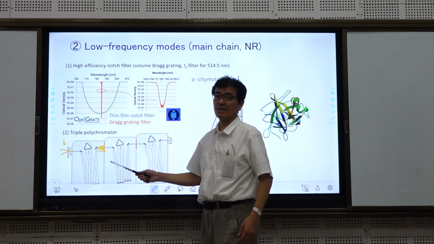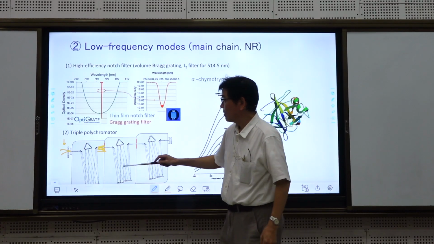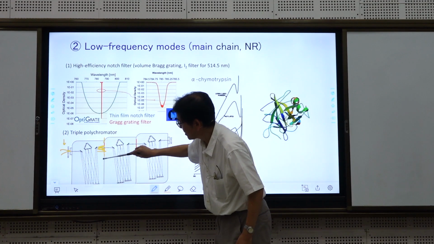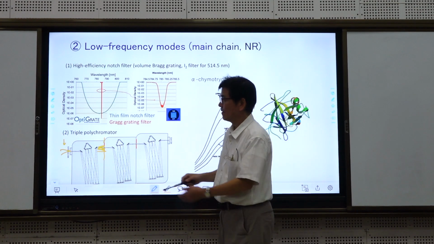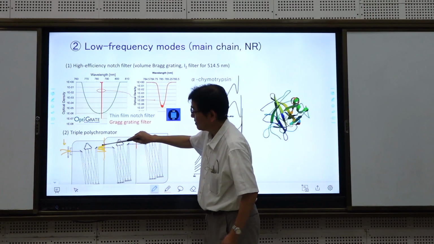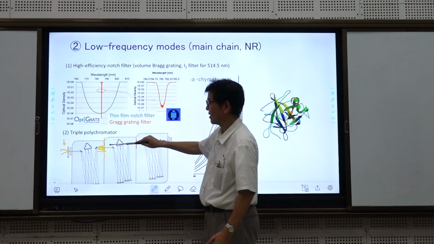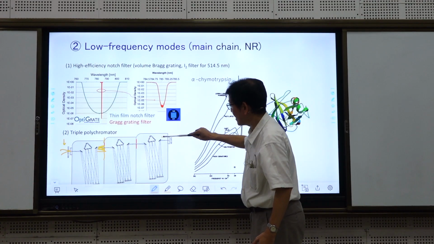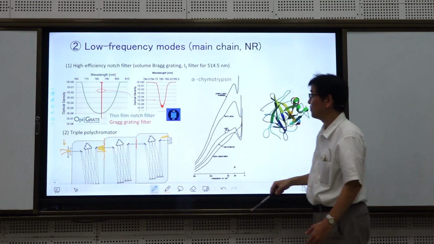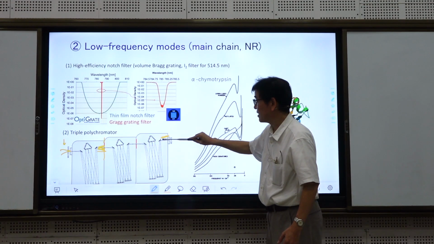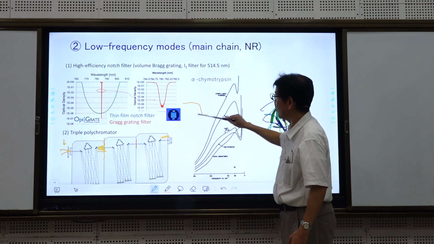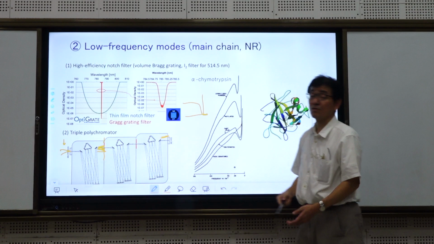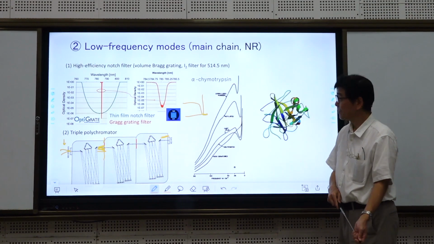Let's put three monochromators together, then put the slit here. Then the dispersion of different colors becomes larger and larger, and the Rayleigh line can be cut very effectively. So we can detect the low frequency region also using a triple polychromator.